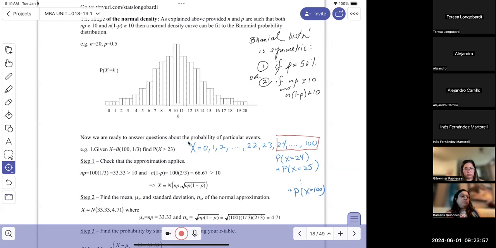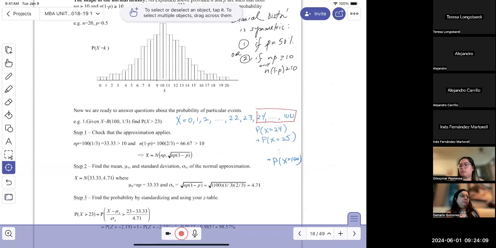Okay, so you got it? So now what do we do with that? Now we're going to take the question, X greater than 23, and we're going to convert X to a normal distribution.